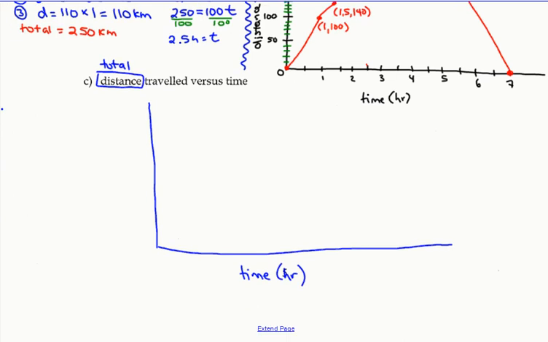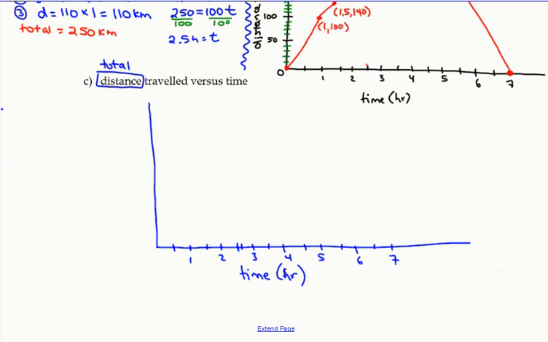Okay. So 1, 2, 3, 4, 5, 6, 7. And so how many total kilometers does she put on her vehicle in this trip? 500 kilometers.